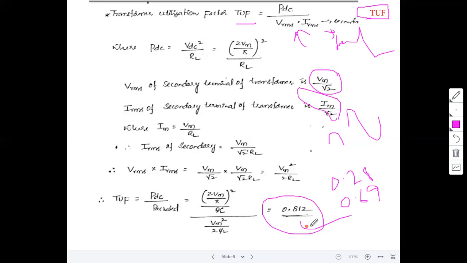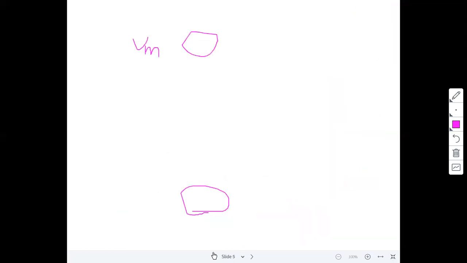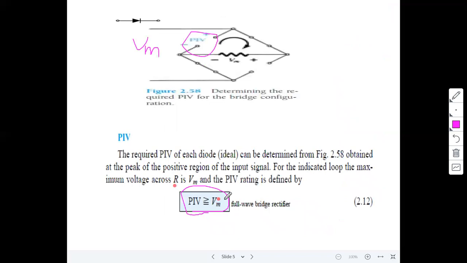Okay. These two are the important parameters compared to center tap transformer full wave rectifier. One is TUF, transformer utilization factor, that is equal to 0.812, right? Whereas another one is PIV. PIV is equal to Vm only, limited to Vm only.